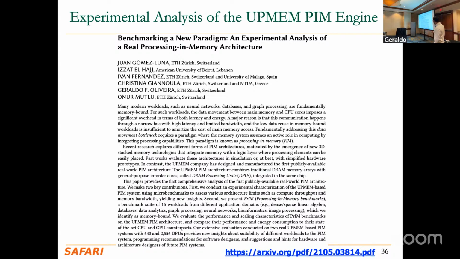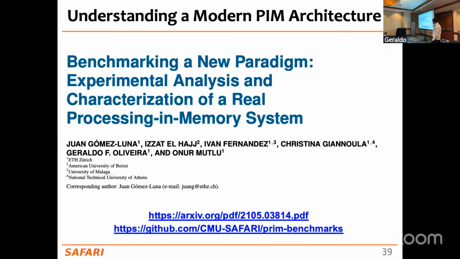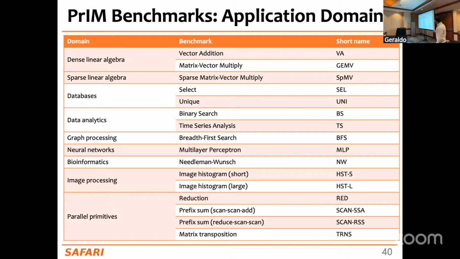The first one was this benchmark suite, where we wanted to understand what the limitations of this architecture are and what type of workloads would benefit from it. I'm going to briefly mention this PIM benchmark suite, which is a collection of 11 applications from different domains, where we re-implement those workloads using the UPMEM SDK, deploy them in the UPMEM system, and collect a series of metrics to see how much they would benefit.